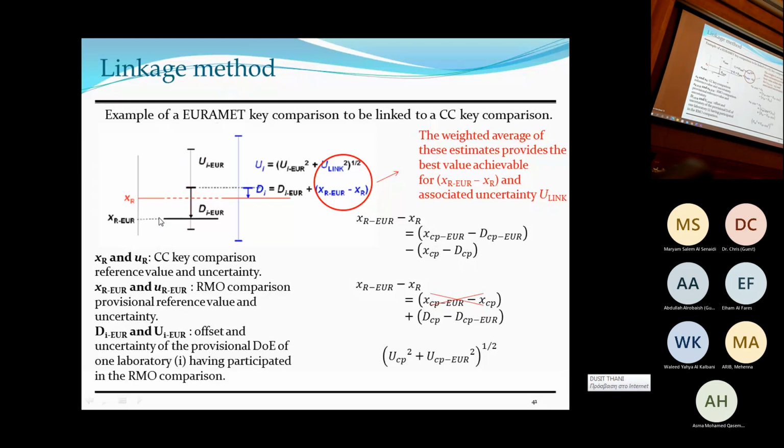This is the RMO reference. This is what the laboratory has done in its comparison. So these are the degrees of equivalence with regard to the Euromet RMO comparison, and its uncertainty. So what we want to do is go from referring this number to this, to referring this number to that. So basically we want to find something that connects these two.